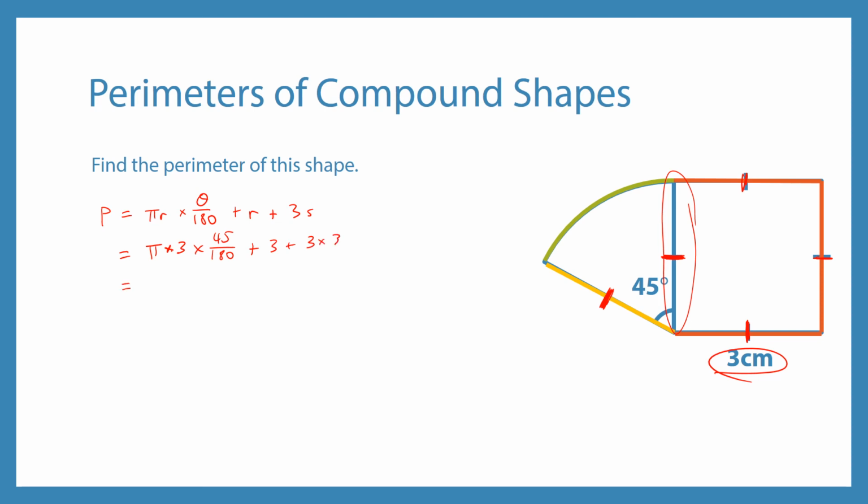Then we can do some work to simplify this one down. We get 3 pi over 4 plus 12. Now this is the exact form, and we can then put it to two decimal places, and we're going to get 14.36.